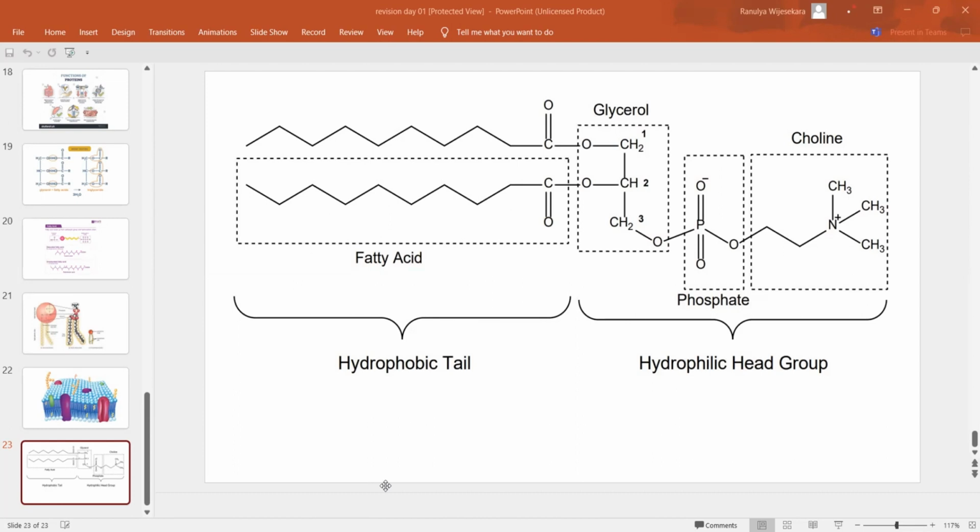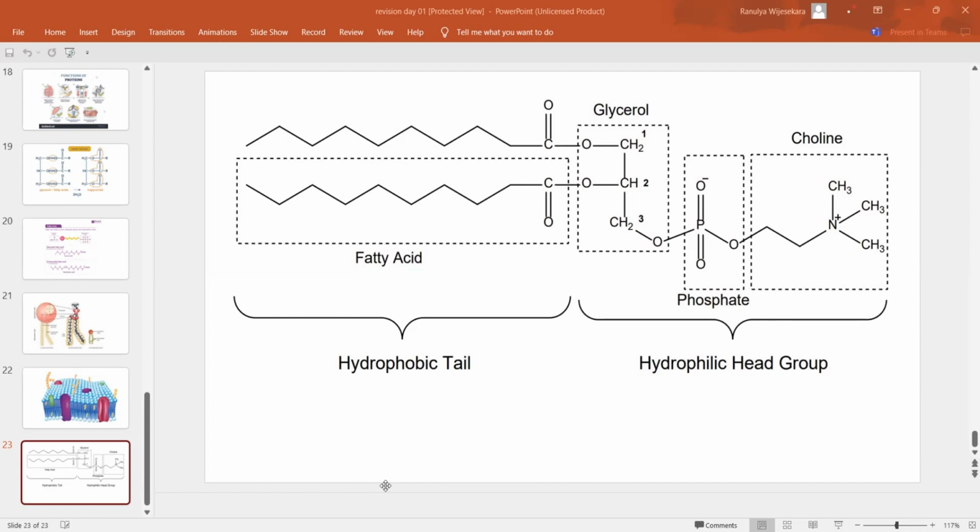Next point. The two ends of the phospholipid show different behavior. They are known as amphipathic molecules. Hydrocarbon tails are hydrophobic.